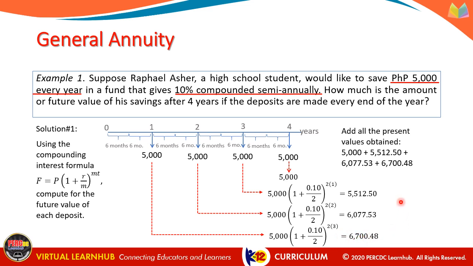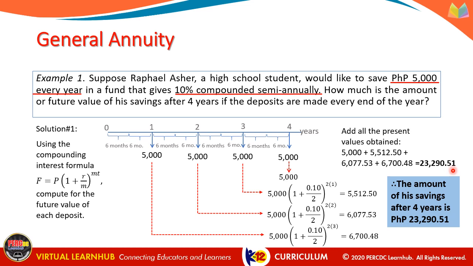Adding these 4, we will get 23,290.51. Therefore, the amount of his savings after 4 years is 23,290.51 pesos. Okay?